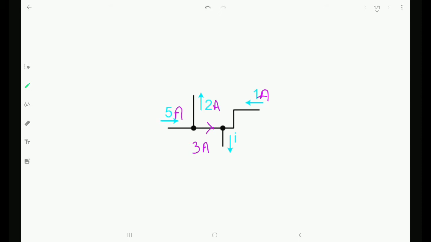So I is a current leaving the junction. According to Kirchhoff's first law, the sum of currents leaving the junction equals the sum of currents flowing into it. So I can be written as 3 plus 1. So the total current I becomes 4 amperes.